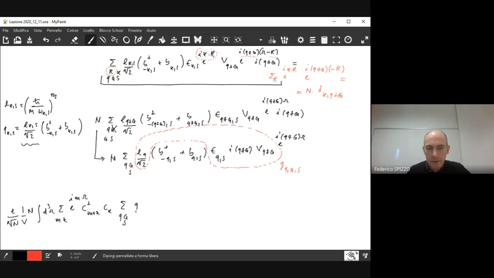Then I have B cross minus Q S plus B Q S, and then the phase. At this point, if I consider this phase and this phase, while making the integral, was that correct?